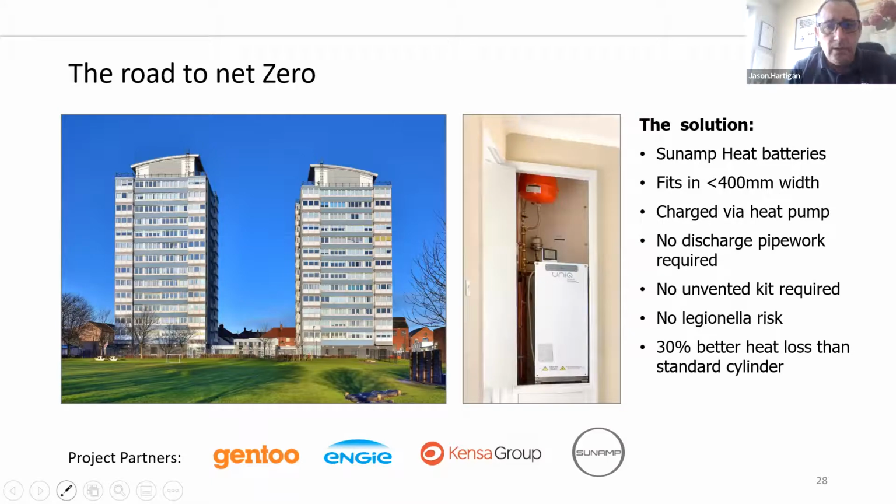So what we did is we had a challenge where we needed to fit batteries in the 400 mil wide cupboard, which was there. No discharge pipework, no vent kits, and no Legionella risk. So essentially, Gen 2 wanted a fit and forget product which would generate hot water and would have low to zero maintenance, and that's what we did.